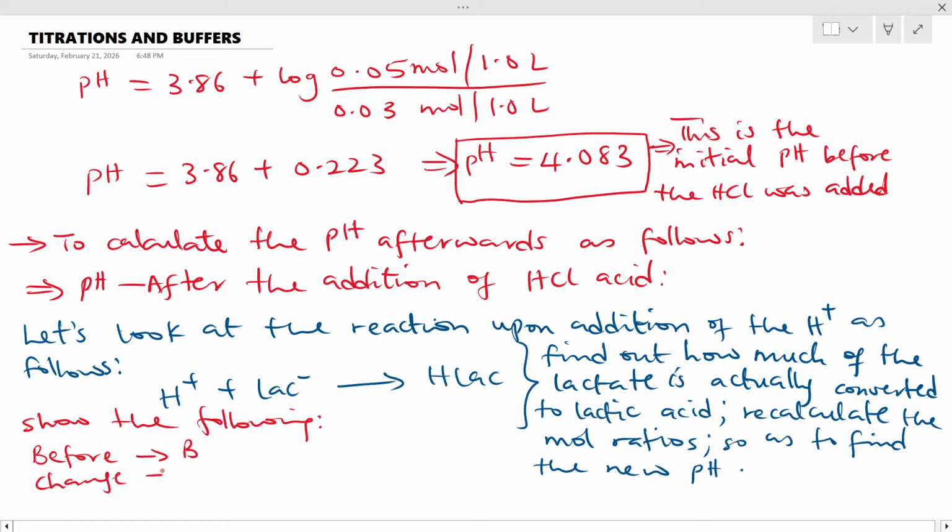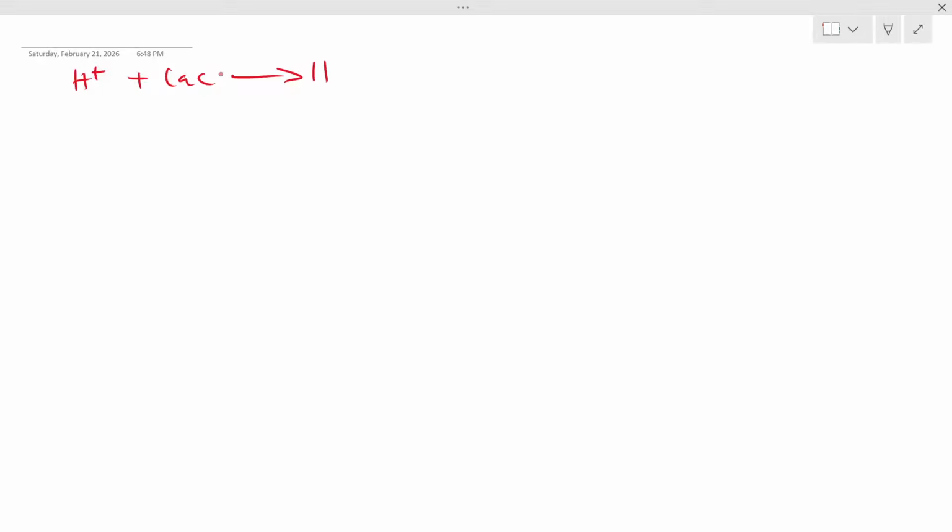So right here, if we write out this equation again, which is your H plus, your lac, giving you your acid, that's your conjugate base giving you your acid, because you are introducing hydrochloric acid, which is represented by H plus.